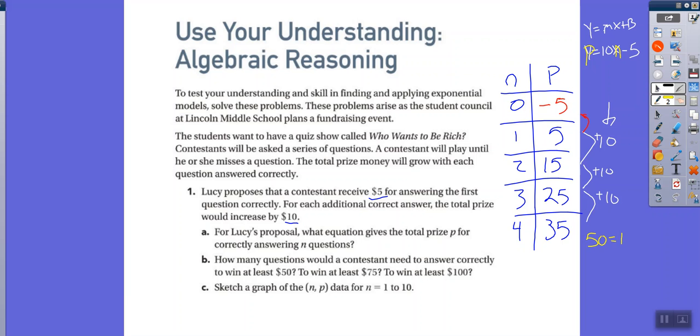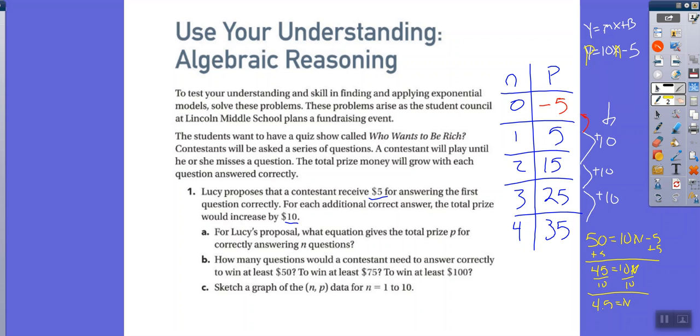So 50 is equal to 10n minus 5. So add 5, and I will get 45 is equal to 10x, divide by 10, divide by 10, and I will get 4.5 is equal to, in this case, n.